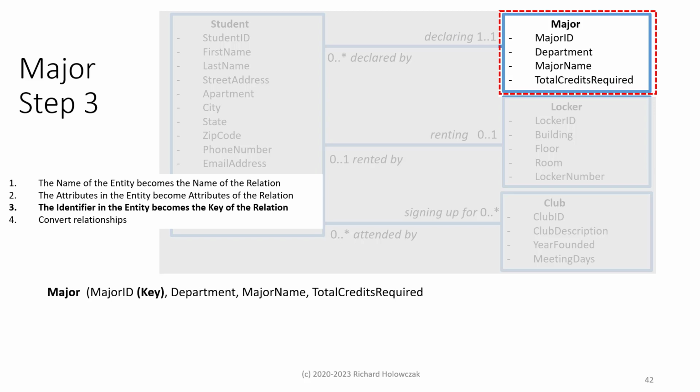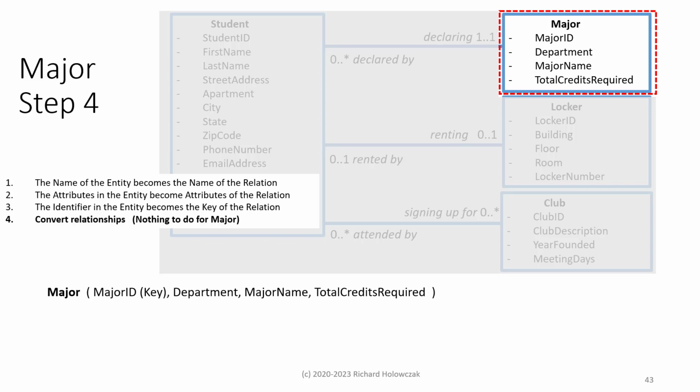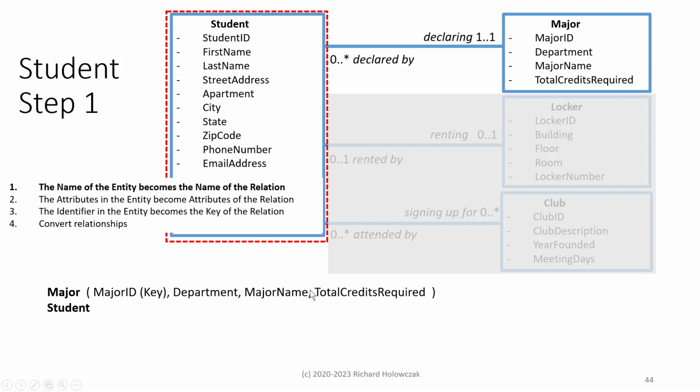Third, the identifier major ID becomes the key of the relation. And then fourth, we convert our relationships. For major, there's nothing we need to do because major only appears on the one side of a one-to-many relationship. So nothing more to do for major, we are done.